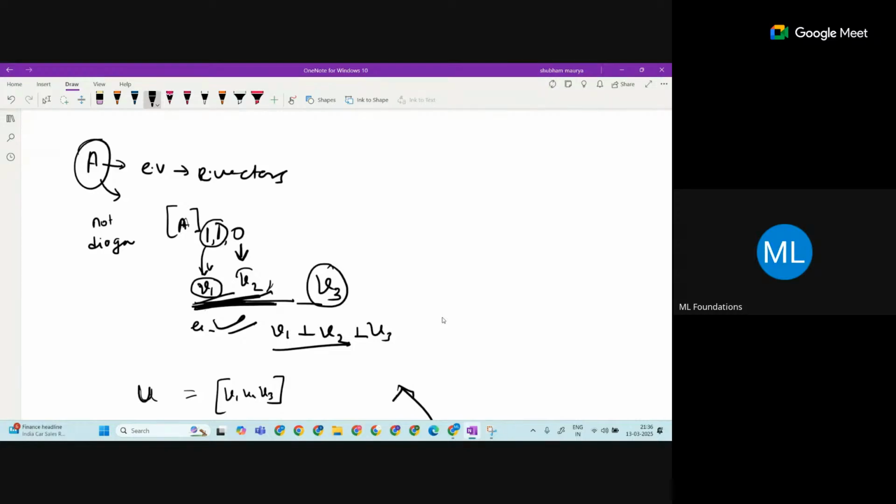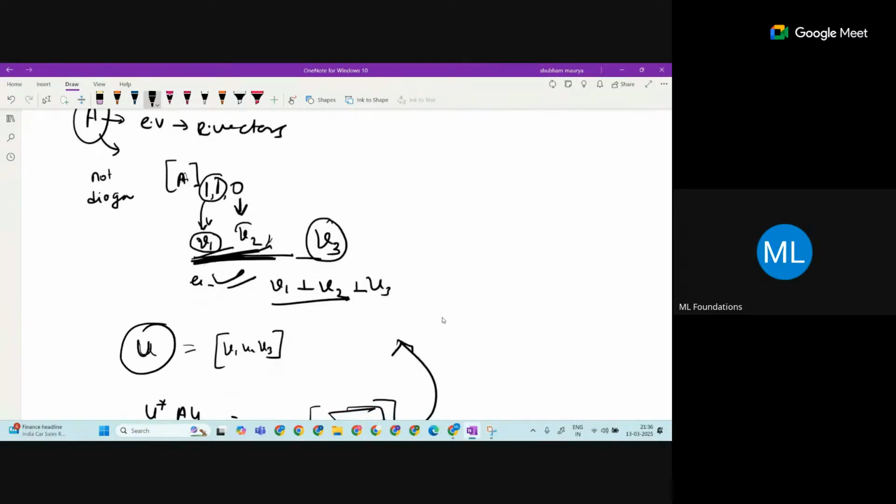Using the third vector, you will form your U. But V1 and V2 also have to be perpendicular. If they are orthogonal, then fine. If not, then do the Gram-Schmidt process to make them orthonormal, even for V1 and V2, and then choose the third one, V3, which is orthonormal to V1 and V2.